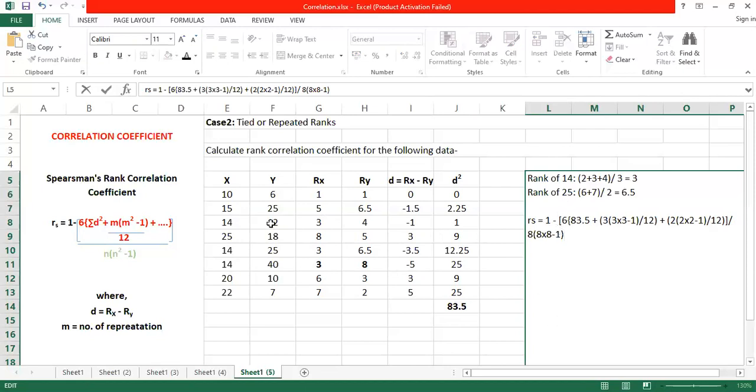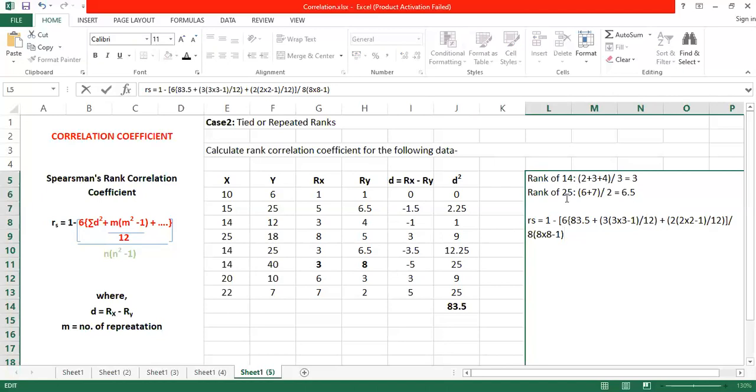See, 1 minus 6 sigma d square. Right? Up till here it's okay. Now this factor is for 14. So we have added for 14. Now what is to be added? M. See how many times M repeated? Thrice. So that is why the value of M is 3. Then M square minus 1 by 12.